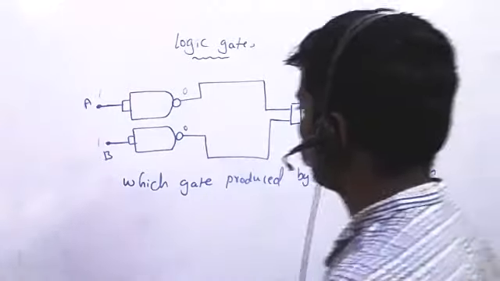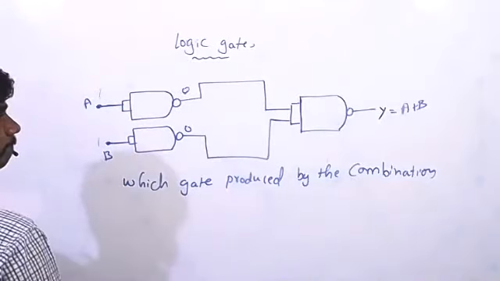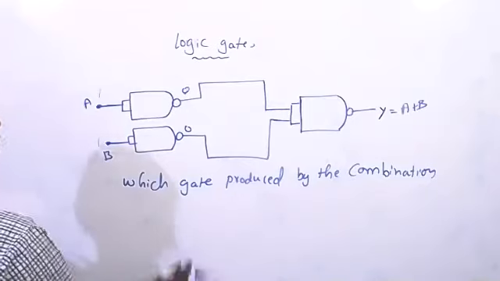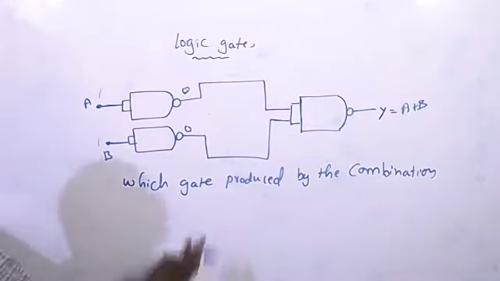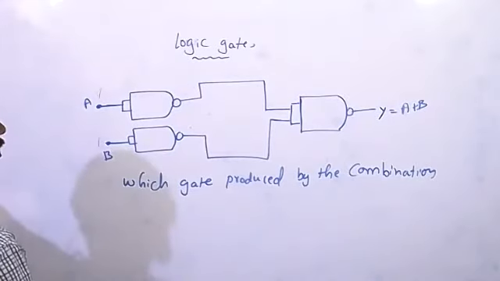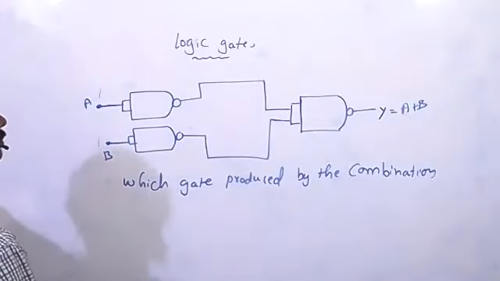Wait, with 1, 1 I gave, right? Okay, 0, 0. So if you give 0, 0 to that, then you will get 1. 0 plus 0, you are getting 1.